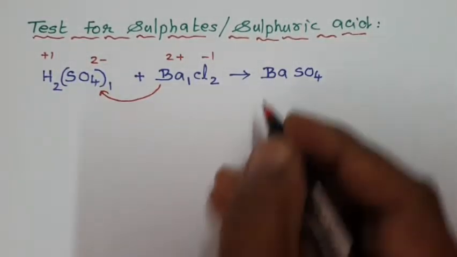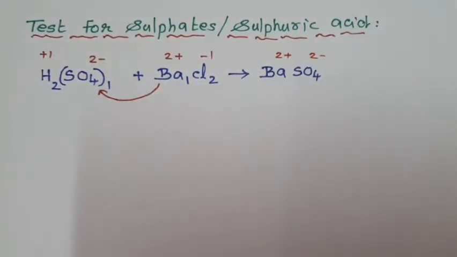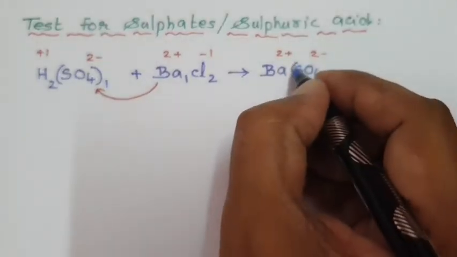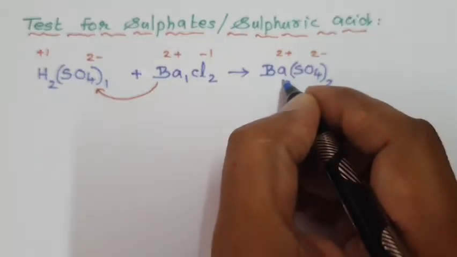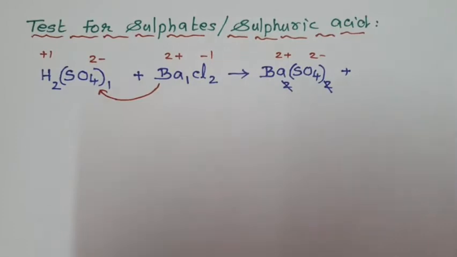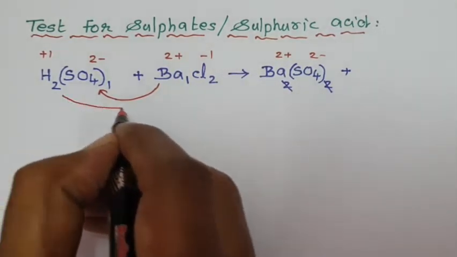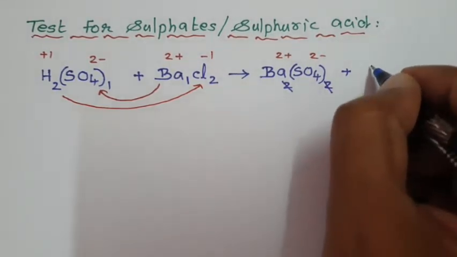We know the charges are equal. Barium 2+, sulfate 2- ion, and when we write in crisscross, the 2 gets cancelled.